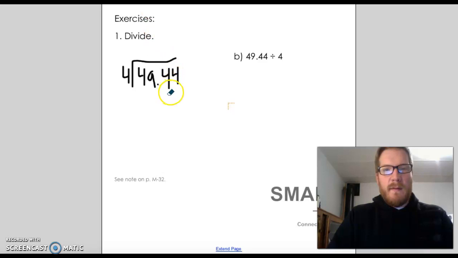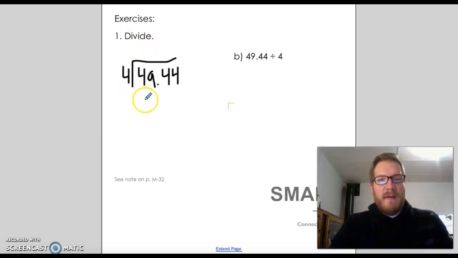I'll trim that up a little bit. There we go. So first thing we try and figure out is how many times 4 goes into 4. Well, that's just 1. So 4 times 1 is 4. And then I do the subtraction. So that gives me a remainder of 0.